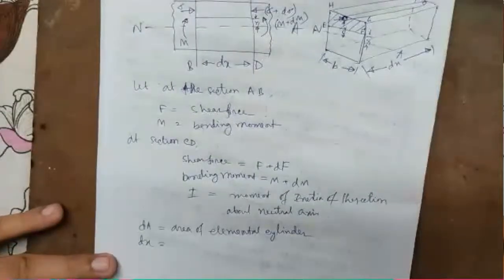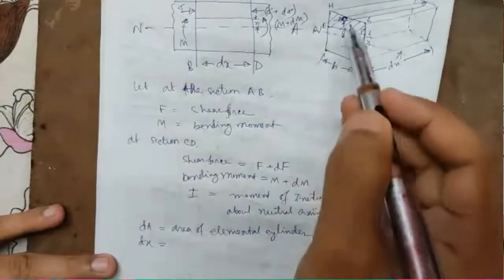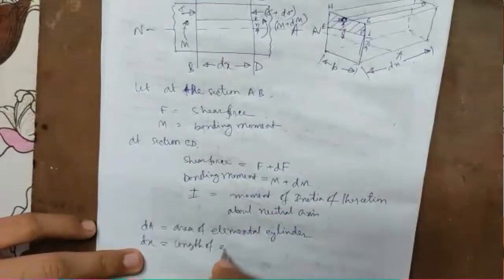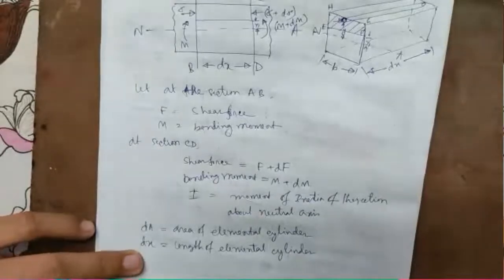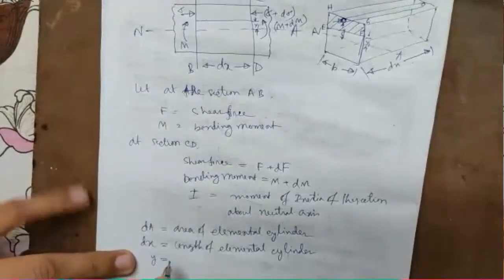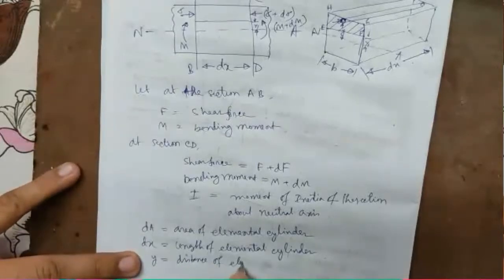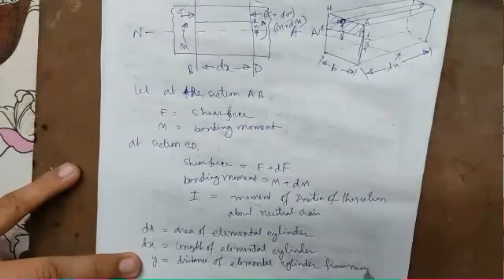Okay, so here dA is the area of the elemental cylinder. This is the elemental cylinder here. dx is the length of the elemental cylinder. Small y is the distance of the elemental cylinder from the neutral axis.